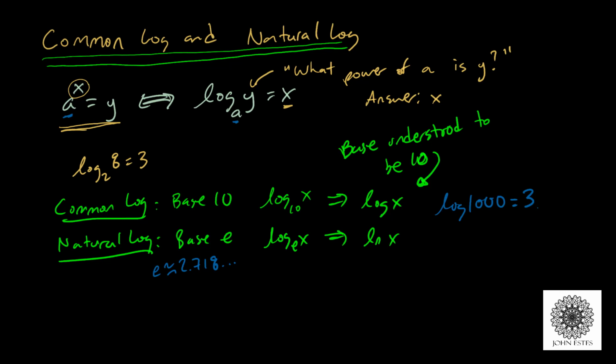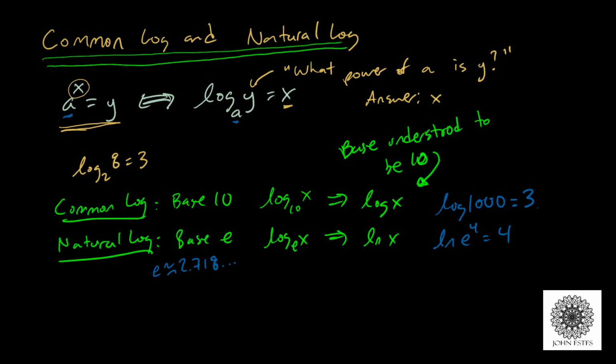I like to say ln x. So if you had something like ln e to the fourth, remember you have to ask yourself, what power of e is e to the fourth power? Well, of course, e to the fourth power is the fourth power of e, right? So ln e to the fourth is 4. And you can see on your calculator, there's an ln button as well. And these are the two types of logarithms that show up on almost any calculator.